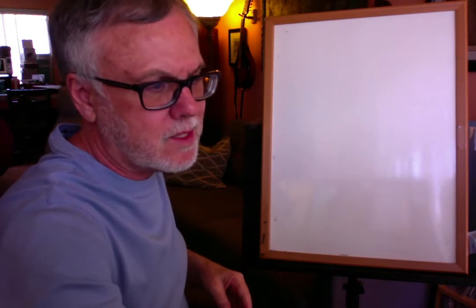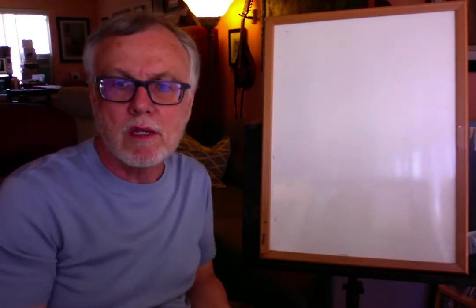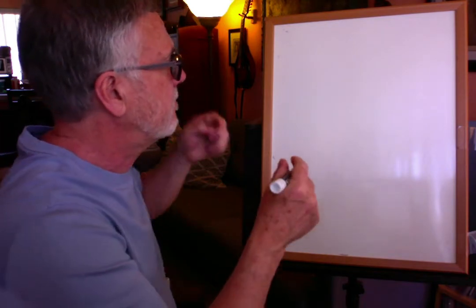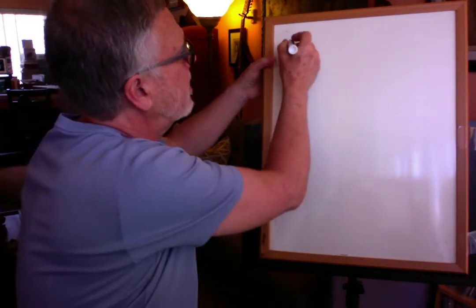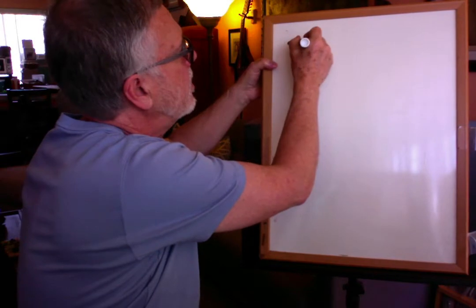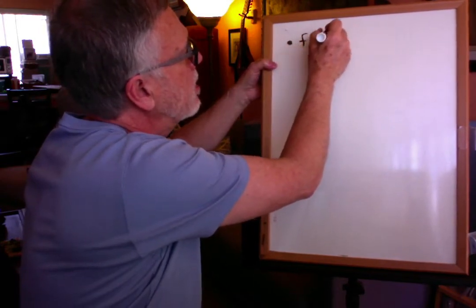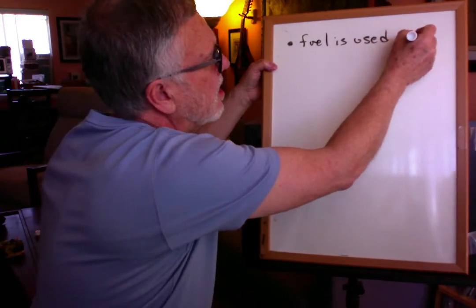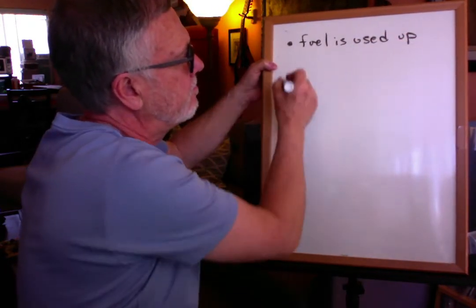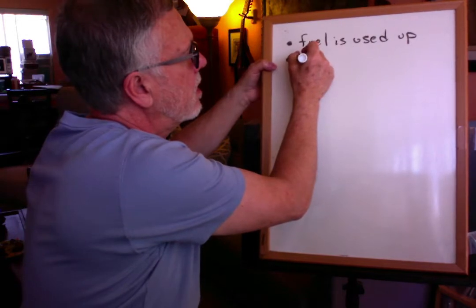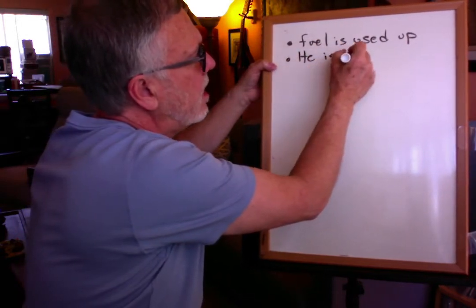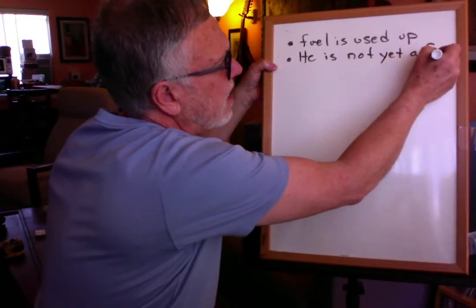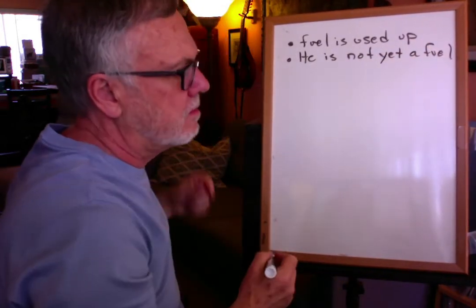This is a continual process of stars as they begin to die. As they begin to die, the fuel is used up. Helium is not yet a fuel in a thermonuclear process.